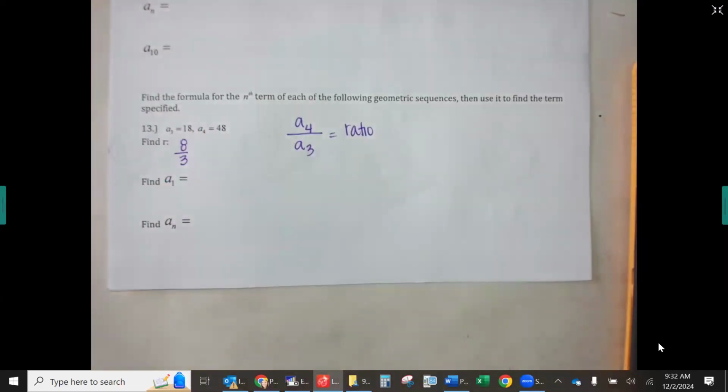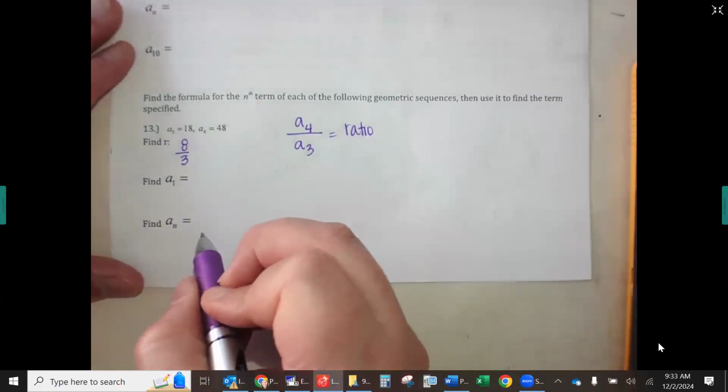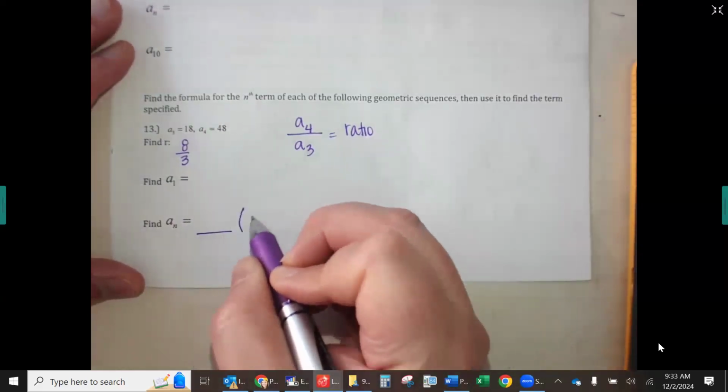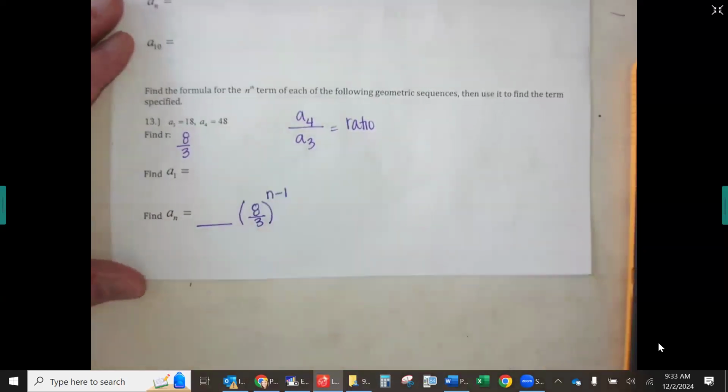Now, most of your homework, this is an easier to identify pattern. Okay, but for this one, because it's not like an easy pattern, you would just divide them to know what it is. Okay. So my A1, I'm going to have to work backwards to find, and then I know it's going to be that times 8/3 up to the n minus 1.